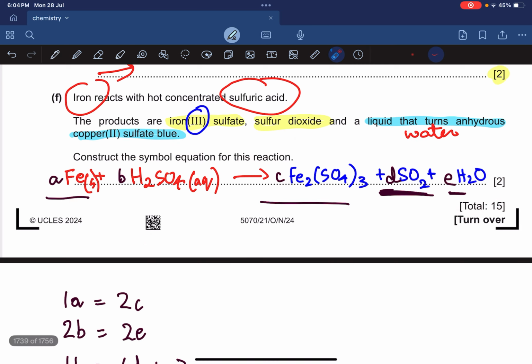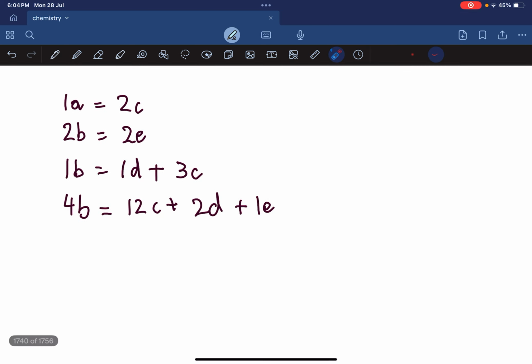Now, step number 2 is that we take the alphabet which is most commonly appearing in all the equations. Over here, I see that A is only appearing once. C is appearing twice in these 2 equations, and thrice over here, so C is appearing 3 times, and B is also appearing 3 times.